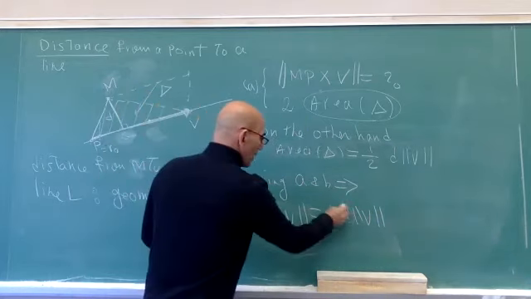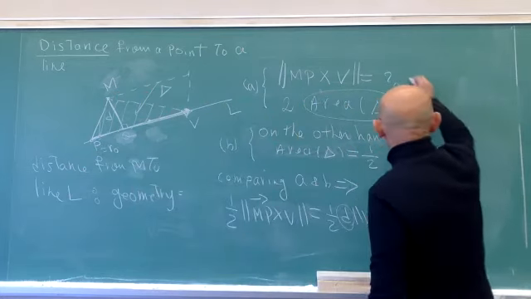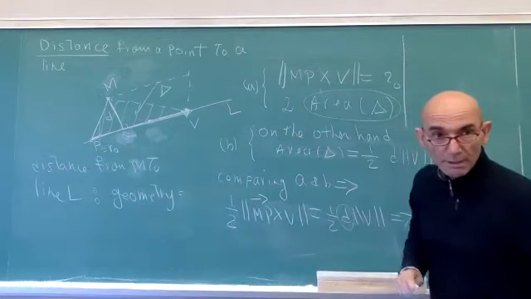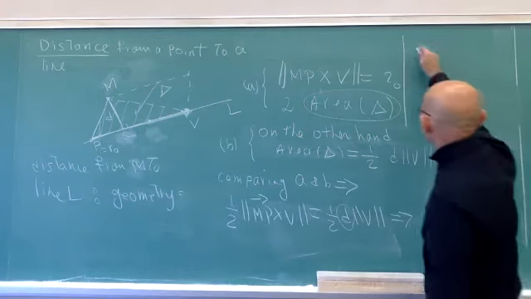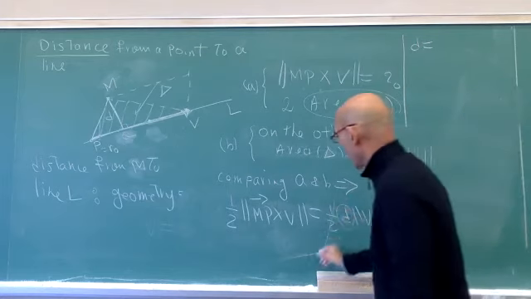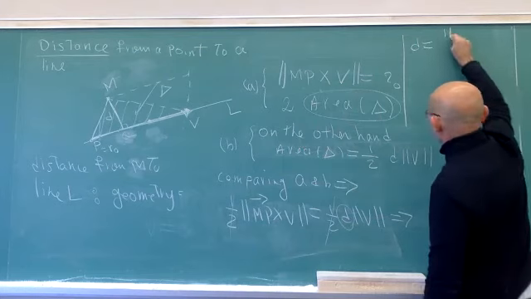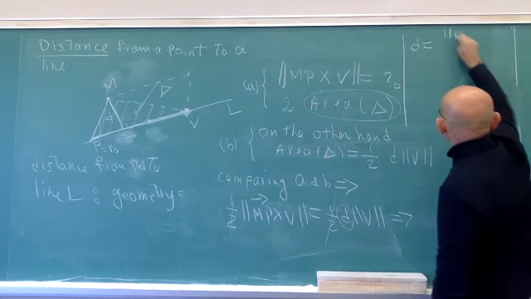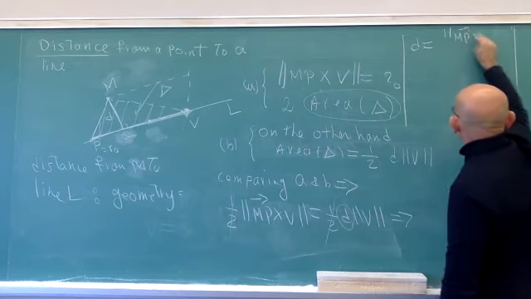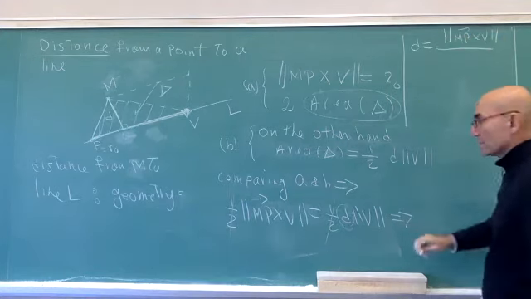So D comes out, so I just write it here. D, you get the following formula. This 1/2 cancels. You get length of MP cross V divided by length of V.